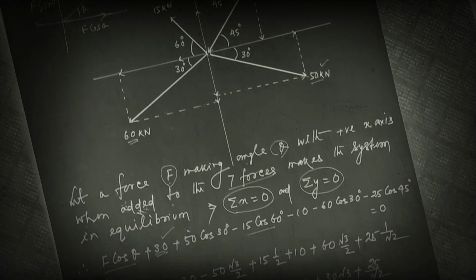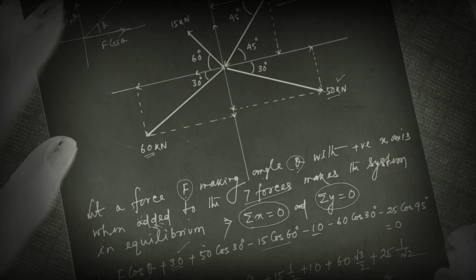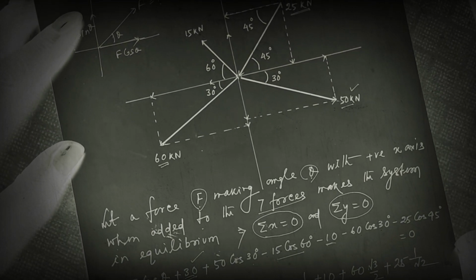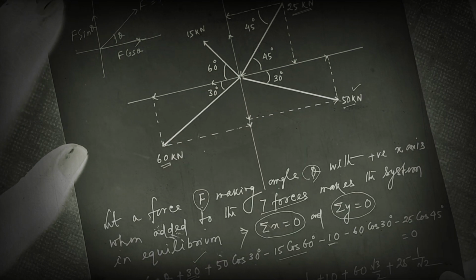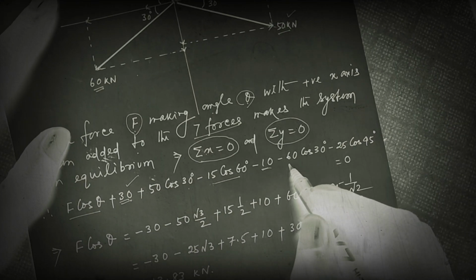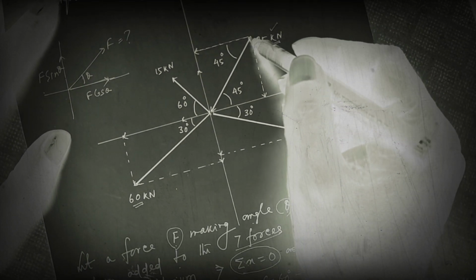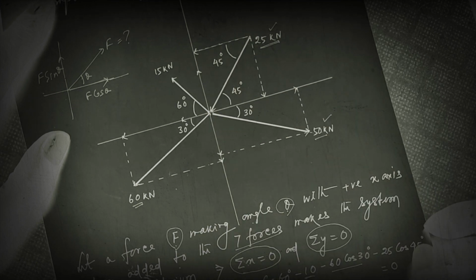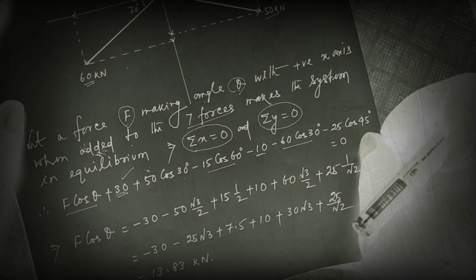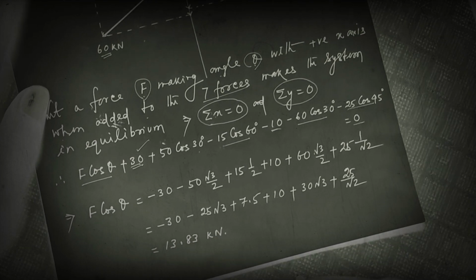So minus 10, then minus 60 cos 30, that is this one from here to here along the negative x-axis, minus 60 cos 30. Then this is 25, so this is 25 cos 45, pointing in the negative x direction. So minus 25 cos 45 is equal to 0.